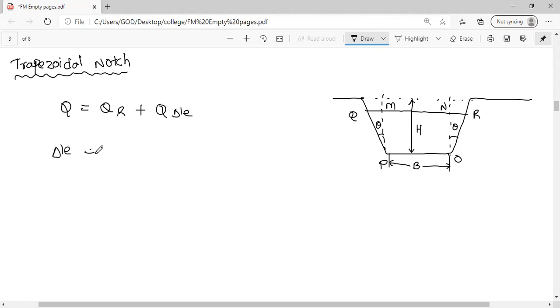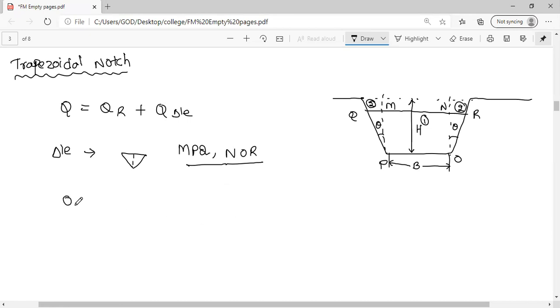MPQ is one triangle and NOR is another triangle. If you club the two triangles, you will get one total triangle. So I have considered this as a triangular notch, and the first portion as a rectangular notch. So the second portion is a triangular notch and the first portion is a rectangular notch.